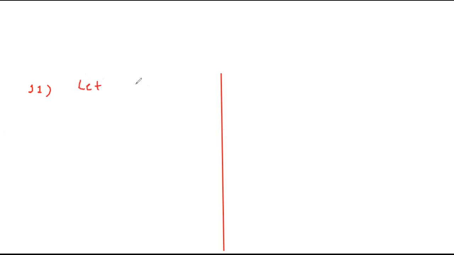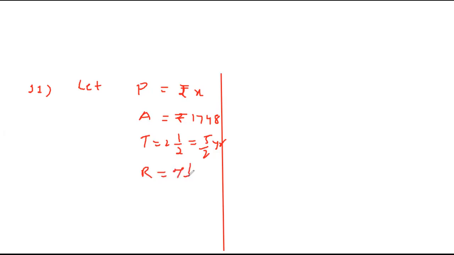So let principal equal rupees X, correct? It should amount to rupees 1748. So amount is given, principal we have to calculate. In 2.5 years, so it will be 5/2 year, at the rate of interest 7.5, which is 15 upon 2% per annum. Formula for simple interest is PRT upon 100.